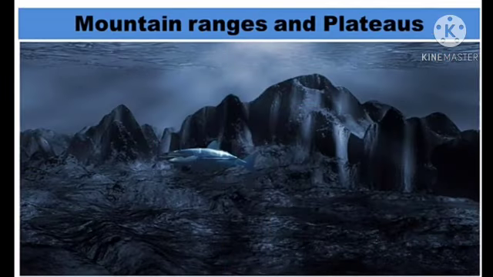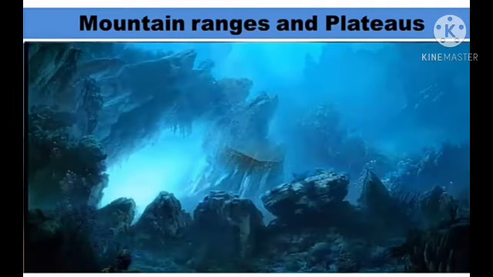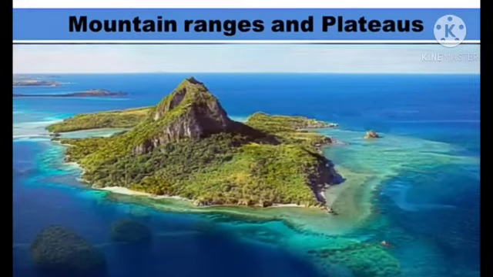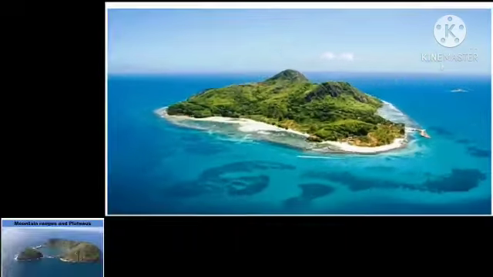Now let us study something about mountain ranges and plateaus. The hills and mountains found on the ocean bed are called submerged hills and mountains. These hills are hundreds of kilometers wide and thousands of kilometers long. Peaks of some of the submerged hills come above the sea level.